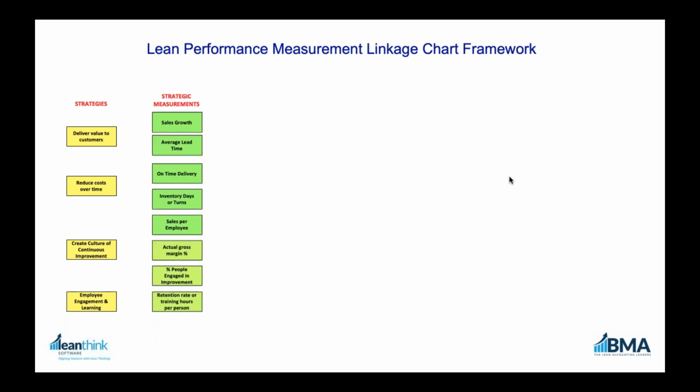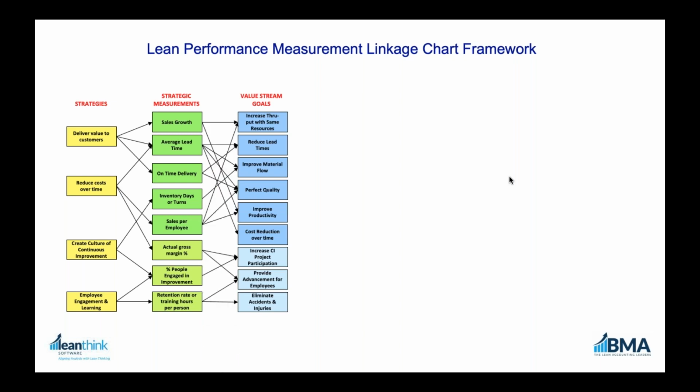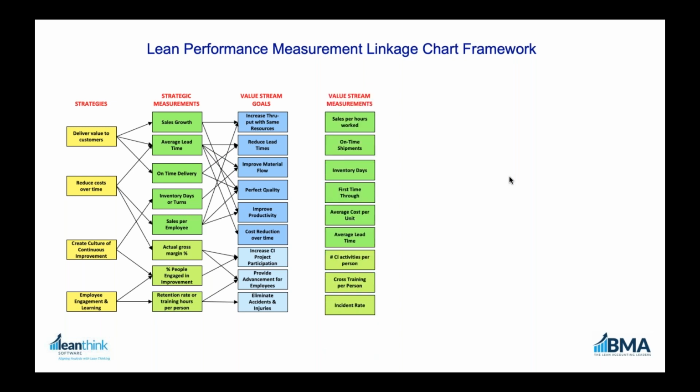It's the strategies of the business, the strategic measurements and how they link up, the value stream goals, which you determine after you have created the strategic measurements, because what's the goal? Then how are we going to measure those goals? Because a measurement is really measuring the distance from some aspirational goal.